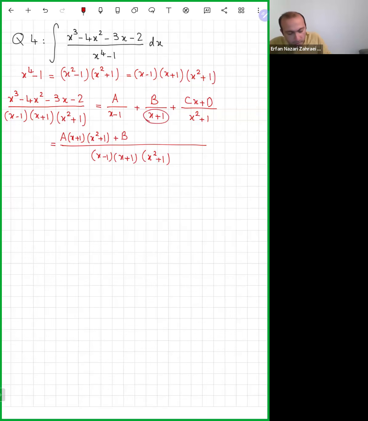The second term, its denominator is this, so these two terms are missing. I need to multiply and divide by the missing terms. And for the last term, cx plus d, its denominator is only this term, so these two terms are missing. I multiply and divide by them, and I get this. These two terms together, if you like, are x squared minus 1.